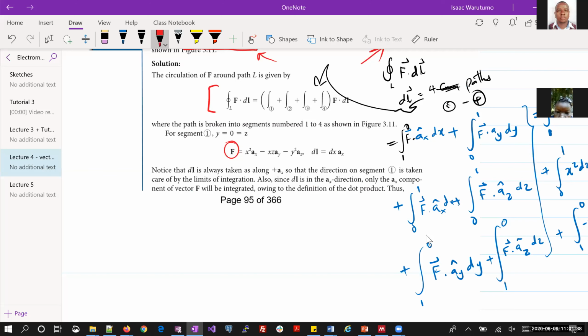So we are saying that it is going to be F dr, and this can be broken into 4 paths: path 1, path 2, path 3, and path 4. And that is the integral that we are doing. So having said that, how do we perform that integral? I have tried to break it down as much as possible here for us so that we can see how we are going to do that.